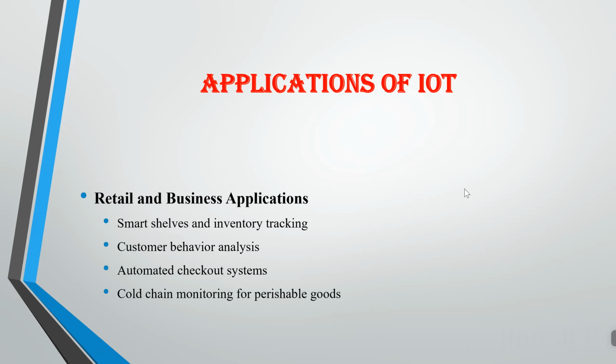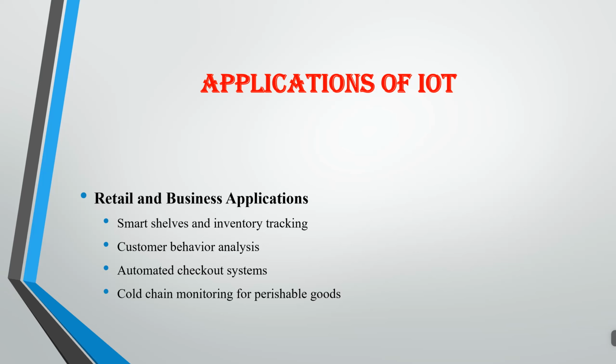Coming to retail and business applications. Here, IoT is used for different business activities, for example smart shelves, inventory tracking, and customer behavior analysis. Customer behavior analysis is one of the major requirements for online business applications.